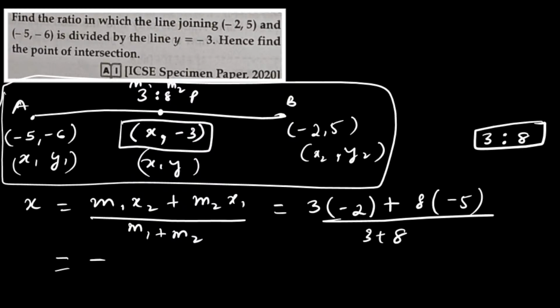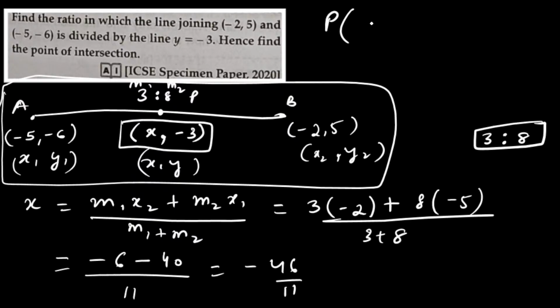So -6, again plus minus is minus, 8 into 5 is 40, by 8 plus 3 is 11. So minus 46 by 11. So the x value is -46 by 11. So the point of intersection P is -46 by 11 and -3.